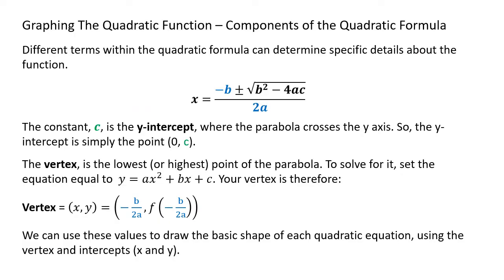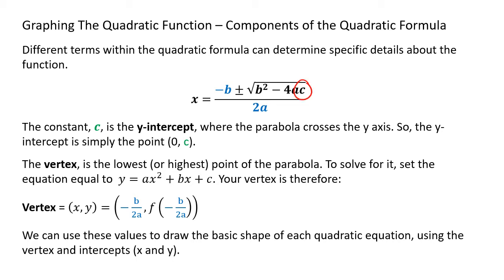Okay, so looking again at this quadratic formula now, we're going to develop a couple additional points in addition to the x-intercepts that we can use in order to graph these functions. The first is the constant, which is simply the value c here.